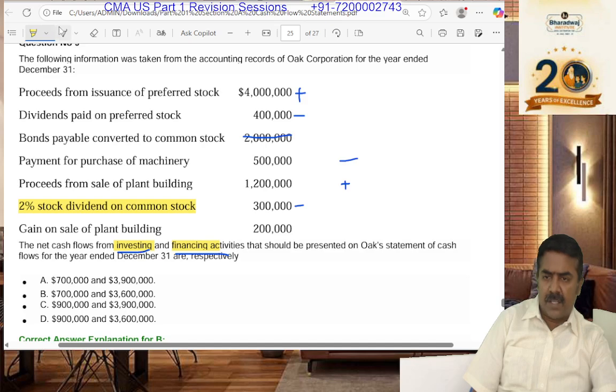Stock dividend means it is not paid in cash, it is paid in the form of shares. This will not come, even this will not come. So 40 lakhs minus 4 lakhs, how much? 36 lakhs. 12 lakh minus 5 lakh, 7 lakhs. This dividend is not coming because it is not a cash dividend. This is which one? Stock dividend.